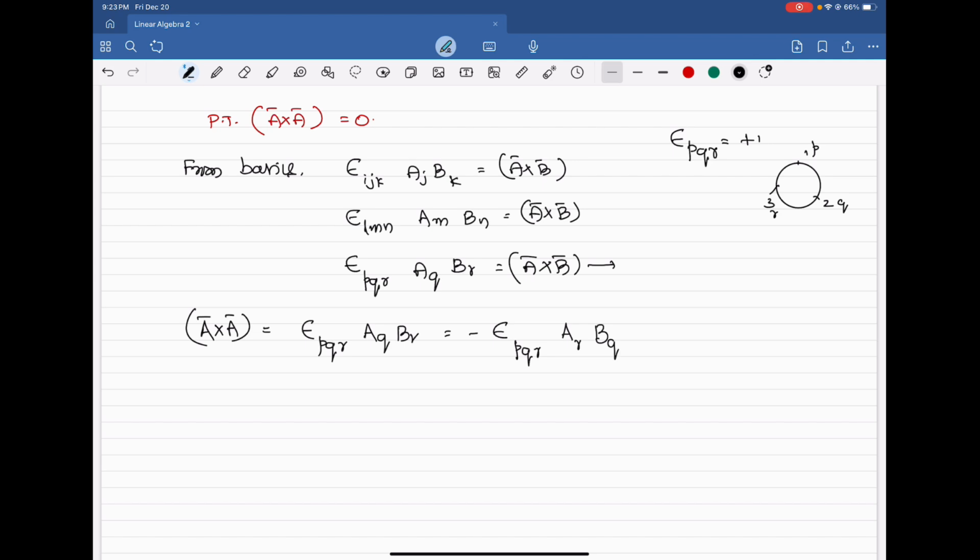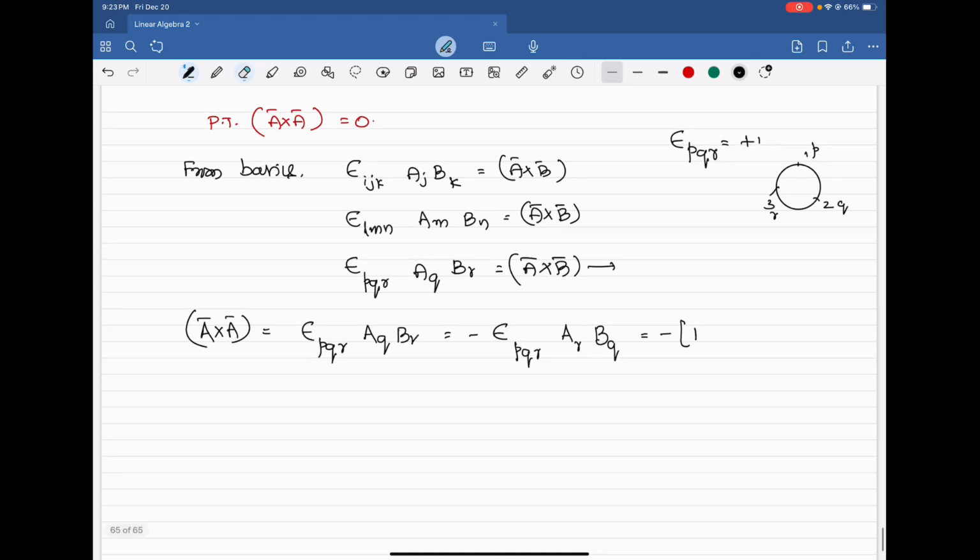What is epsilon PQR ar bq? This is nothing but minus, let us say, this is A cross B. This is the definition, A cross B minus B cross A. A cross B is equal to minus B cross A.